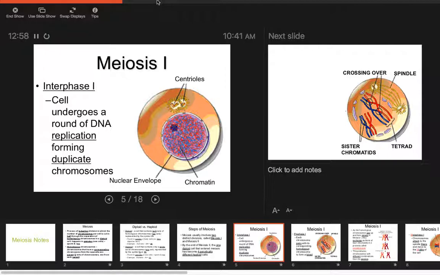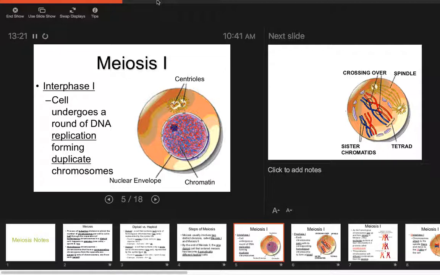This would be considered a chromosome. This would still be considered a chromosome. 2 chromatids, I know it's weird, you still call just 1 chromosome. Stay with me as we go through it. I think it'll work itself out to where it'll make sense. So there's interphase. We replicated the DNA, because that's what happens in interphase.